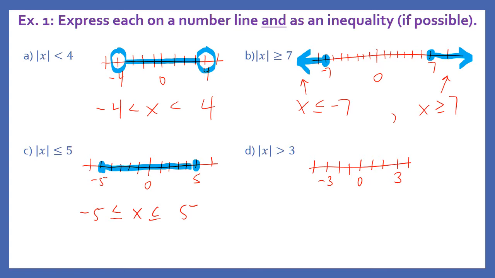And we want it to be more than 3 units away, but not equal to. So it's going to be open dots and pointing out to the left and pointing out to the right. So open dot, pointing out that way, and another open dot pointing out this way.